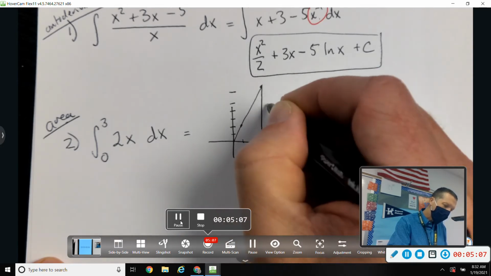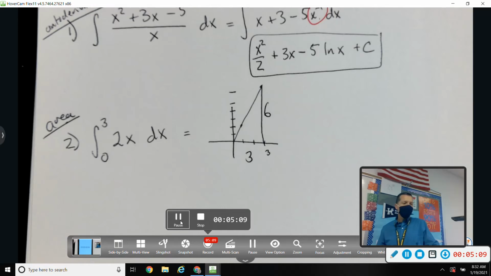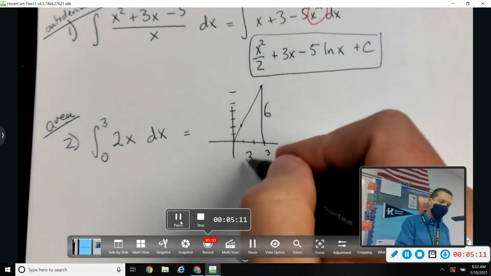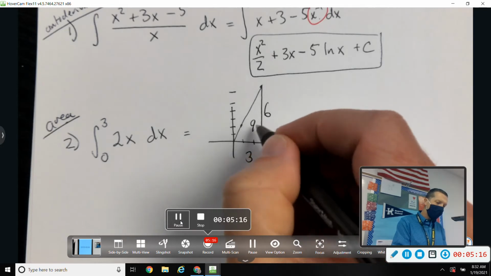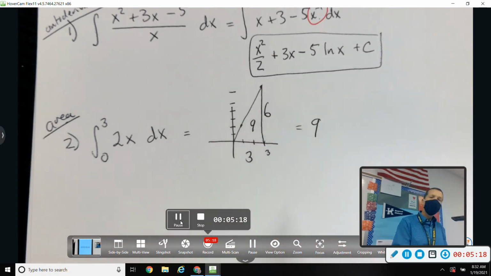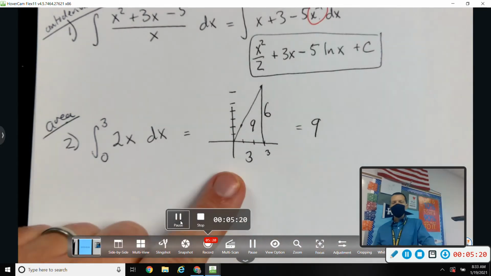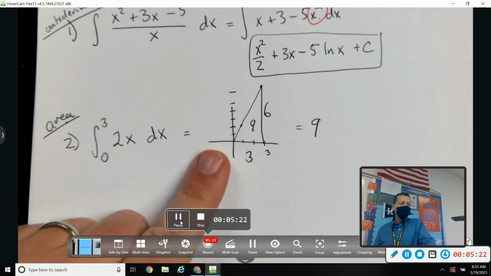So 3 in that spot, or that length, would be 6. Area of a triangle is 1/2 base times height. 18 divided by 2 is 9. The answer is not the picture, the answer is 9.